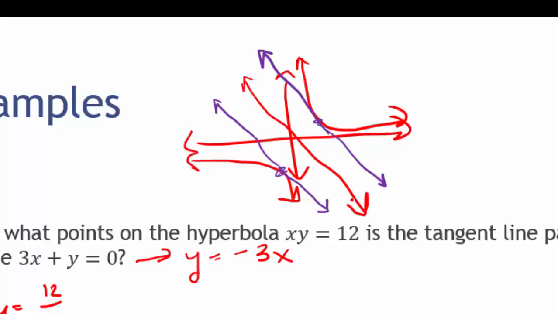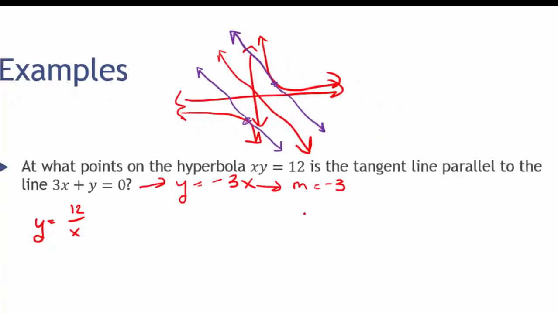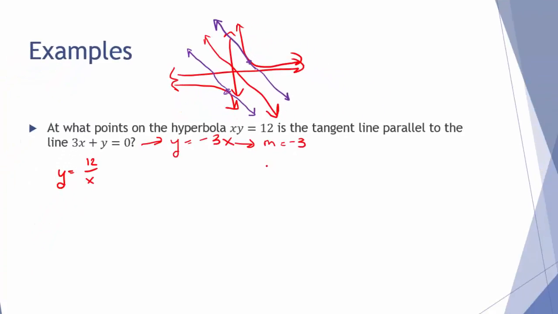So I need the slope of my tangent line to be the same as the slope of this red line. Well, what is the slope of this red line? It's negative 3. So listen to what I just said. I need the slope of my tangent line to be the same as the slope of this line. Slope of your tangent line is also known as the derivative, and the slope of this line is negative 3.